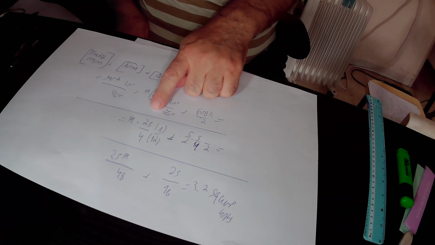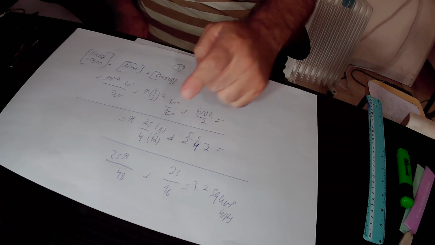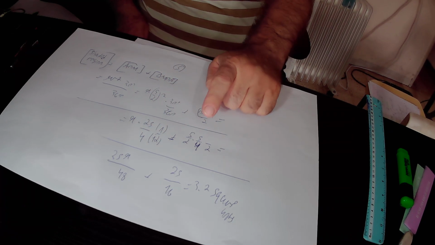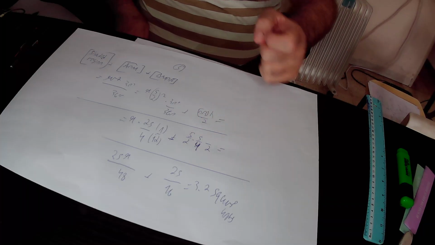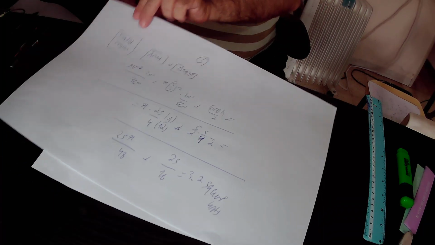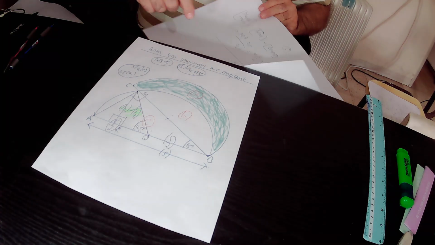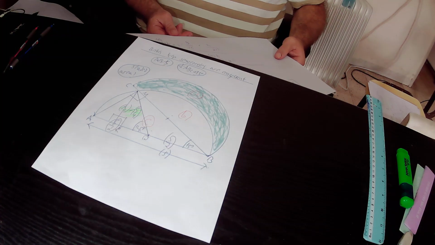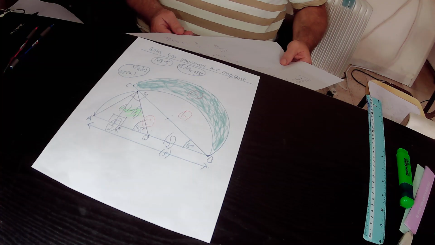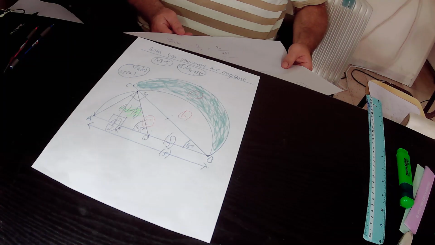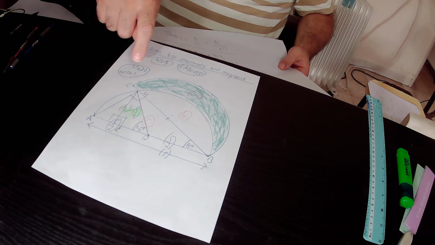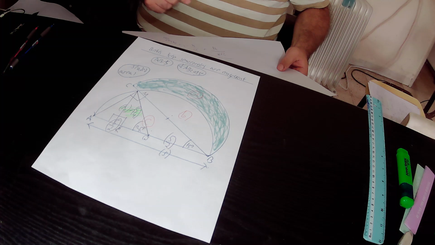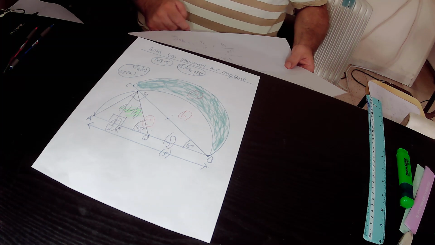This expression in total equals 25 pi over 48 plus 25 over 16. So the area of this shaded region is equal to 25 pi over 48 plus 25 over 16 square units. In terms of numbers, the area of this shaded region is equal to 3.2 square units. Okay, thank you very much.